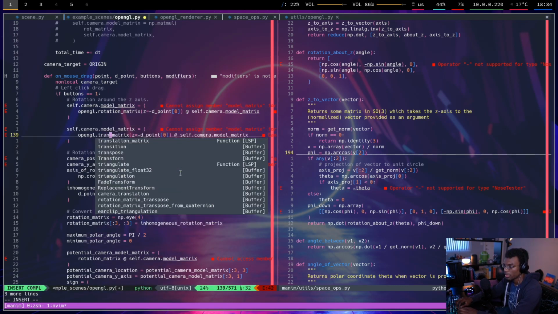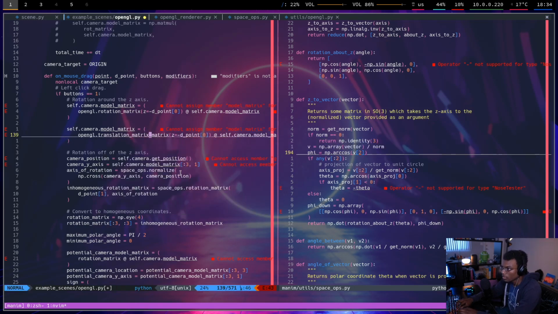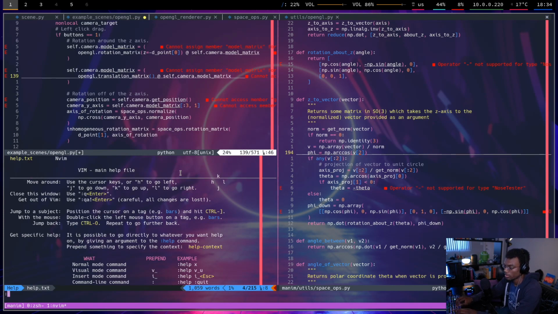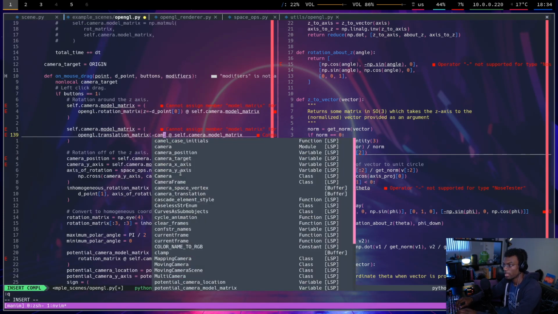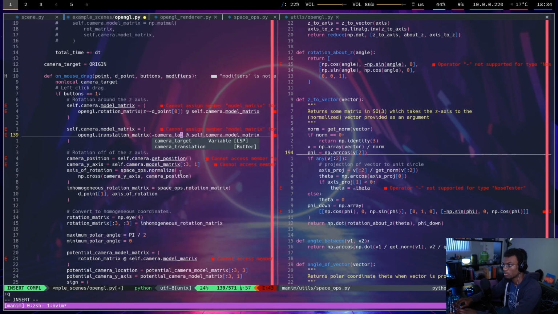I'm going to get a translation matrix. And then I'll just take... Whoops. Take the negative of the camera target. Can I unpack it like this? That looks wrong. Maybe like that.